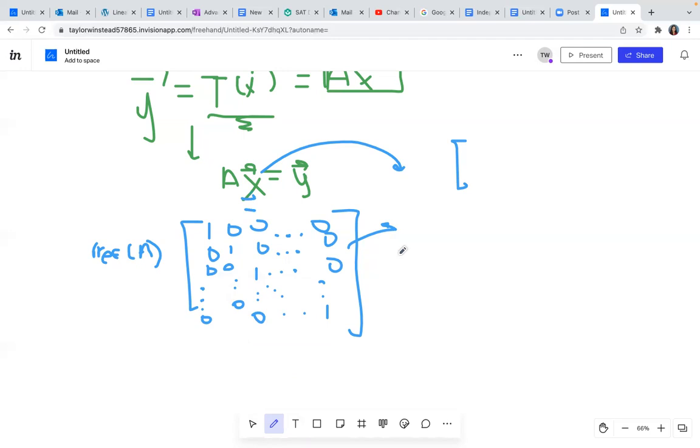So that makes this true because if we think about it, if we multiply this matrix times vector x, let's say we've got x1, x2, x3.